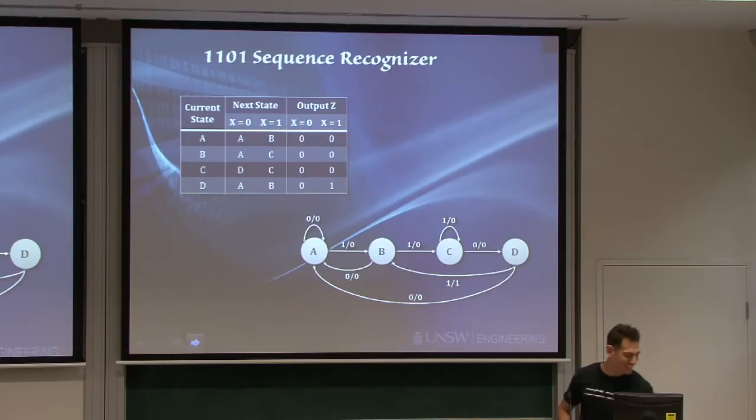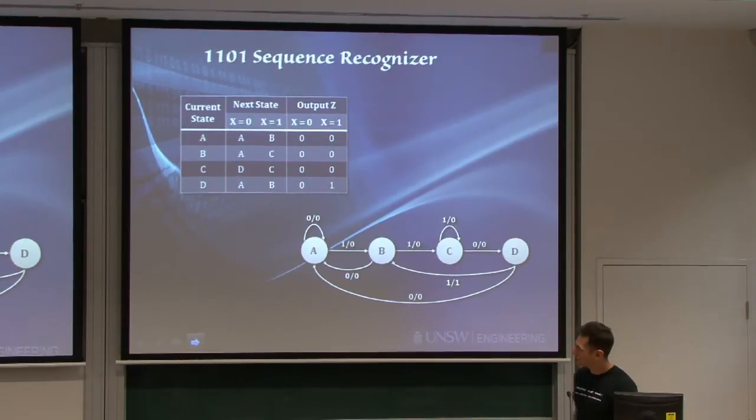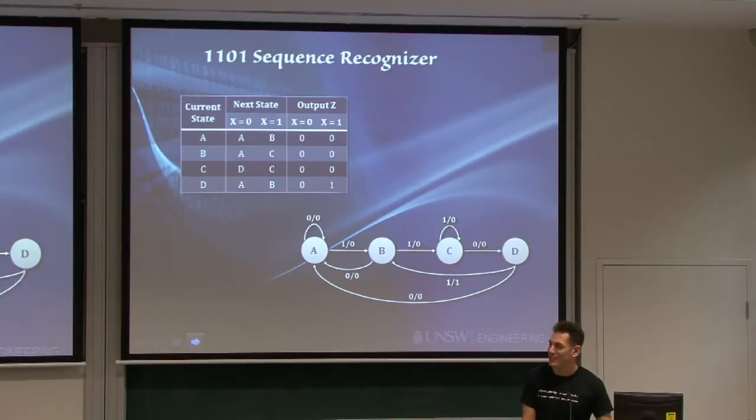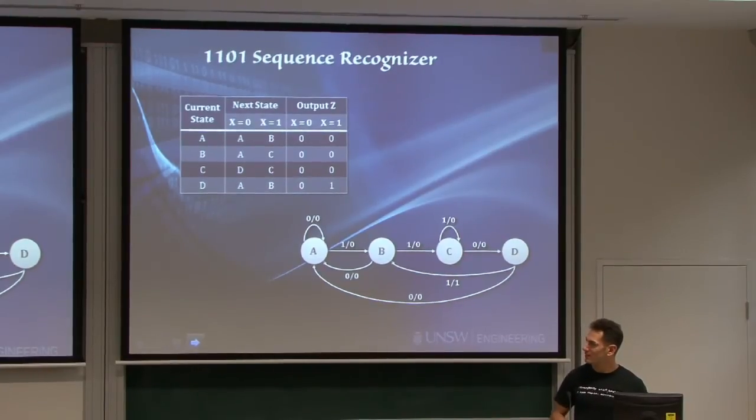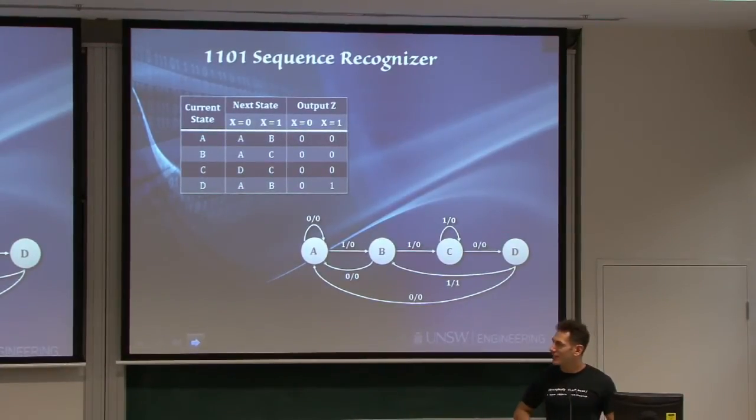Remember this guy from week 6? We had fun with him, didn't we? This is the exercise that we had back in week 6, when we learned how to build state machines.